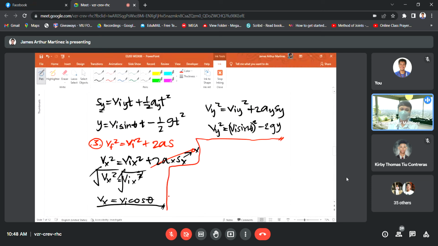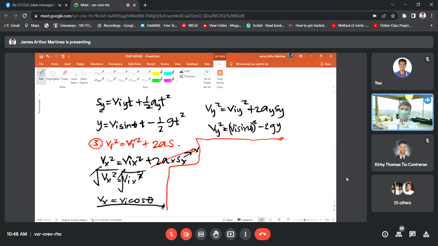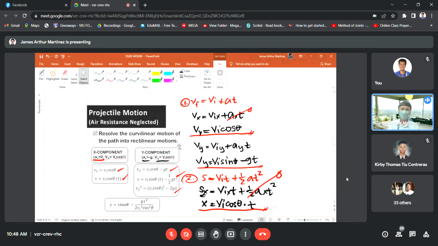I mentioned that the basis is the second equation of our x and y components. We have the x component of our projectile motion: x is equal to vi cosine theta t.